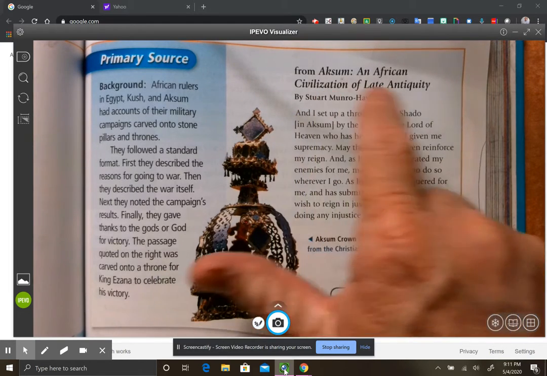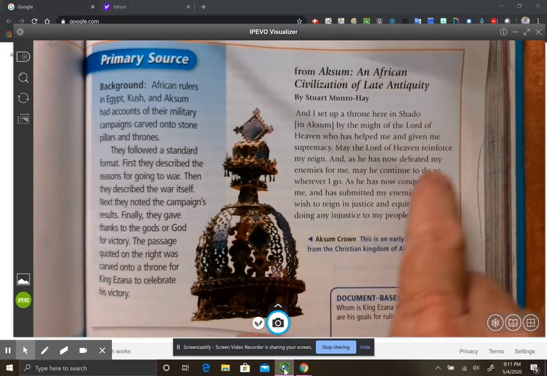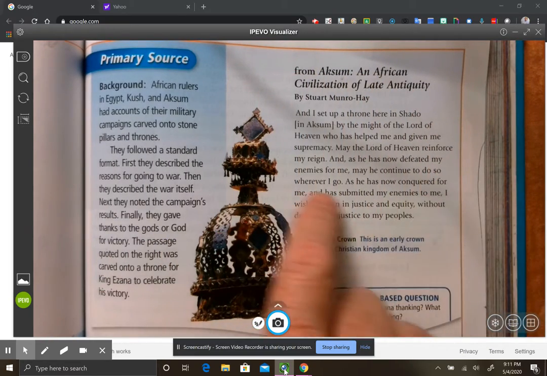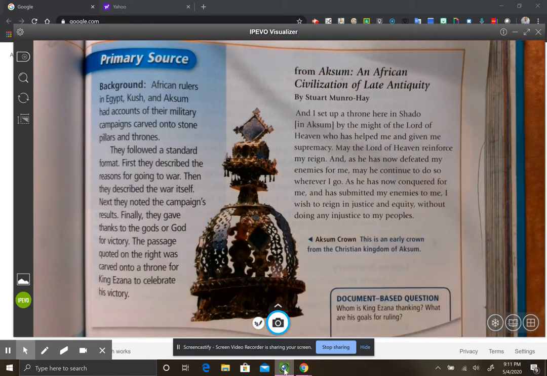As you read this, you're going to think about who he is thanking for his victory or for his work in the war. The second question is, what are his goals for ruling? How is he going to rule? What does he want to do for his people, on behalf of his people? What does he want to do to other people? Whatever that is, you're going to find that towards the end.